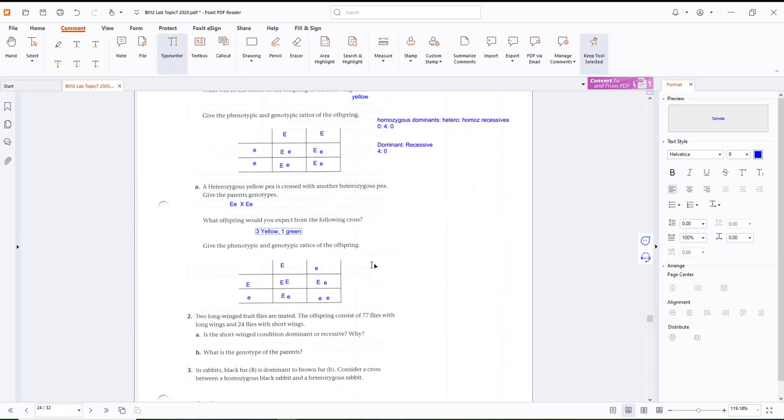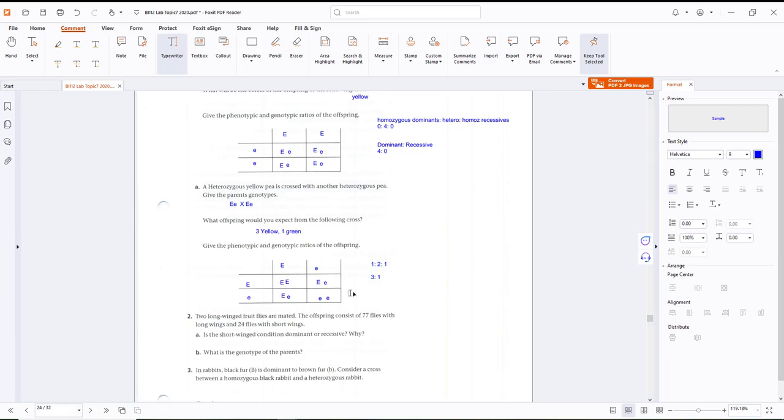I got 1. How many heterozygotes? I got 2. And how many homozygous recessives do I have? I have 1. So it's a 1 to 2 to 1 ratio. And then for my phenotypic ratio, what do I have? I have 3 yellow to 1 green.